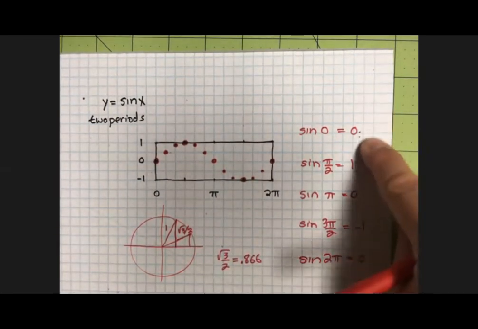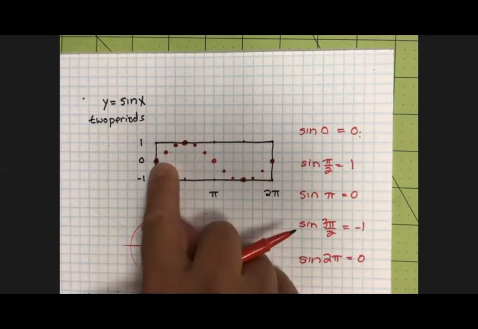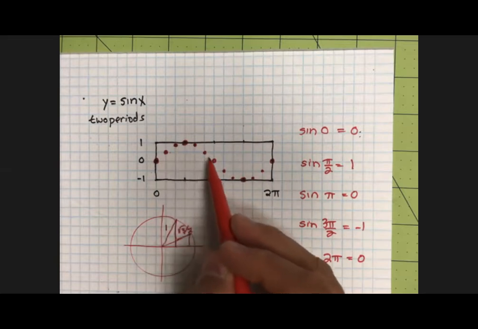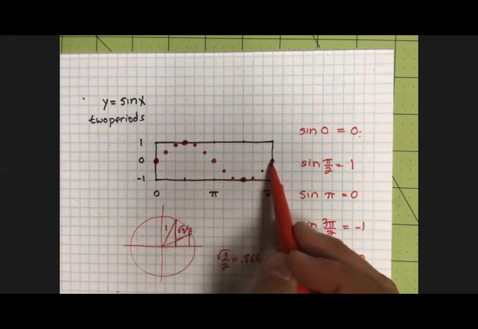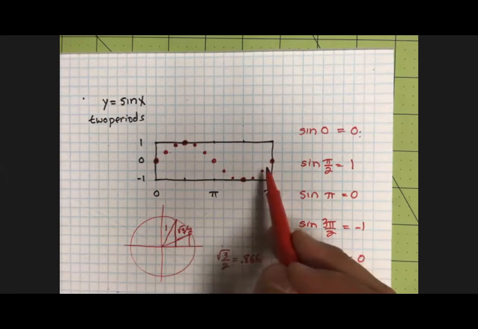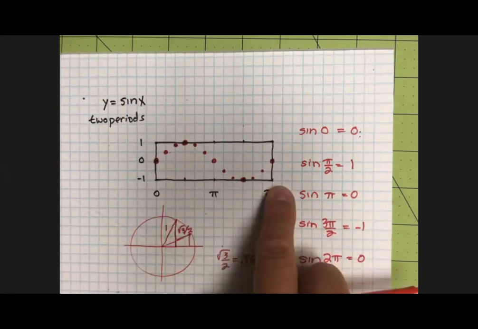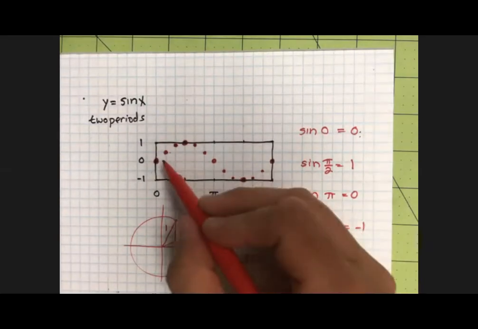I gave you 5 values of sine right here. But using the fact that the sine repeats, what did we just draw? 1, 2, 3, 4, 5, 6, 7, 8, 9, 10, 11, 12, 13 dots. 12 boxes, one on each end makes 13. And think about it this way.